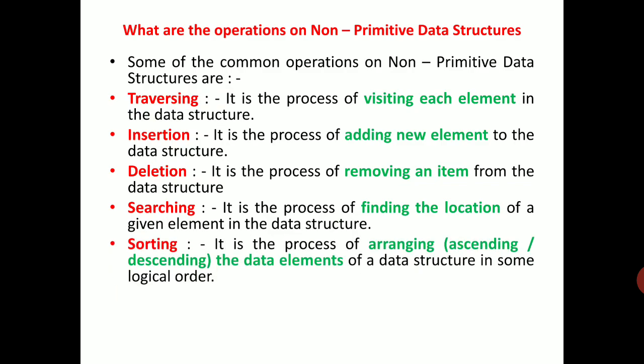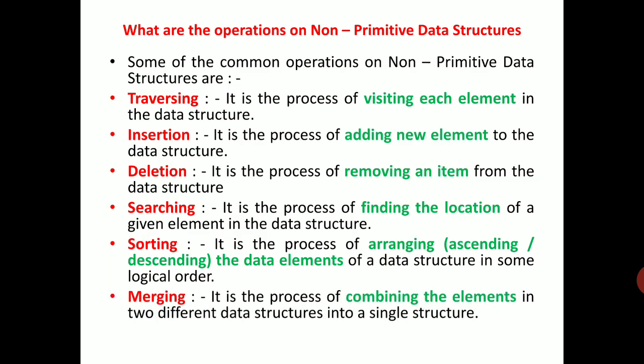Then we have sorting. It is the process of arranging the data elements of a data structure in some logical order. In which order? Ascending or descending. It may be ascending order or it may be descending order. This is the fifth operation.